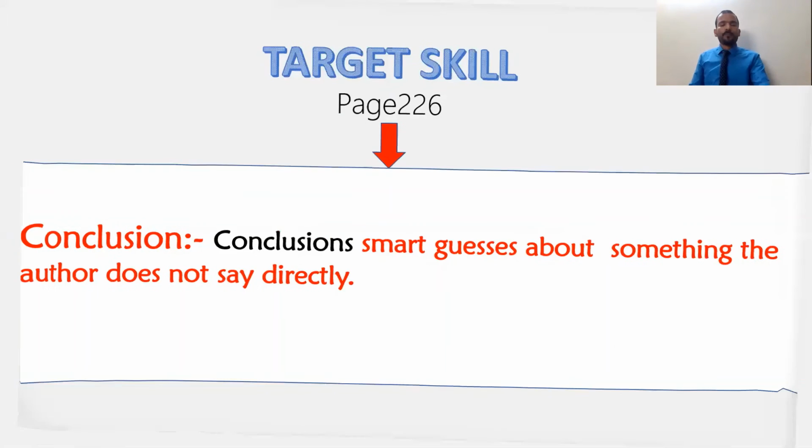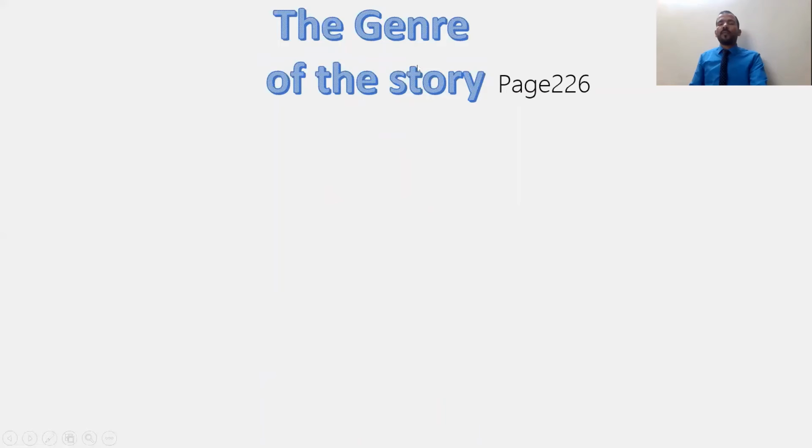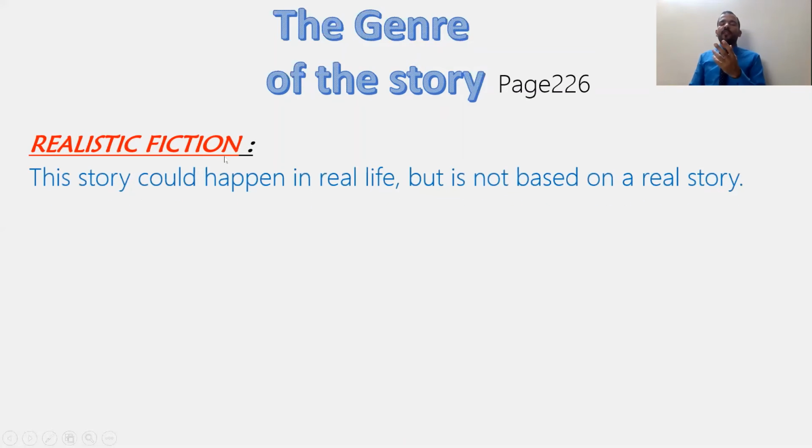The genre of our story, page 226. Who knows what the genre of Leila's Scarf is? Good. It's a realistic fiction. Why do we call it realistic fiction? Because this story could happen in real life, but it is not based on a real story.